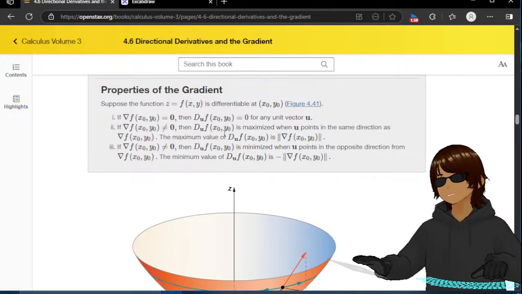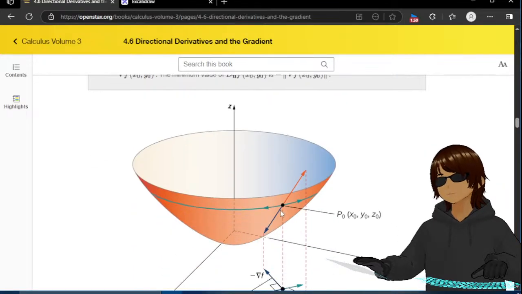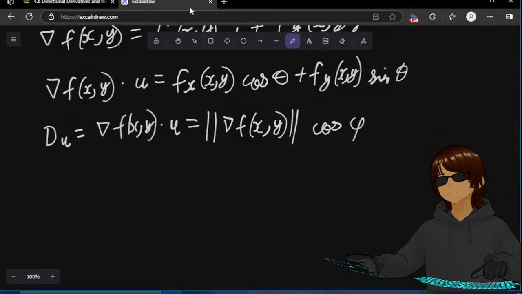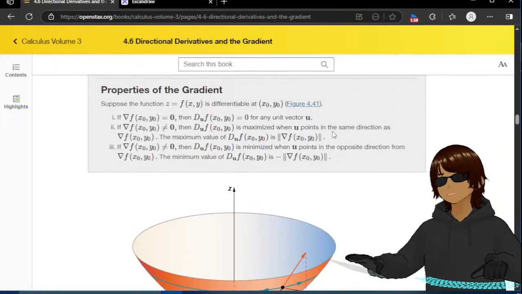The maximum value of f at x naught, y naught is the magnitude of grad f, because cos phi is 1. So phi would be 0, right?